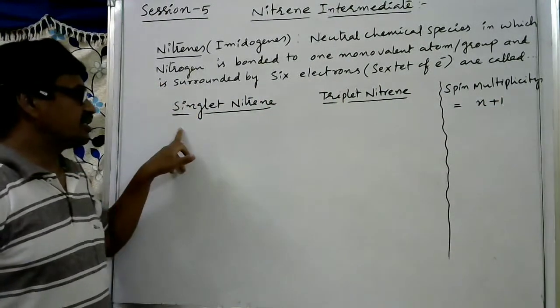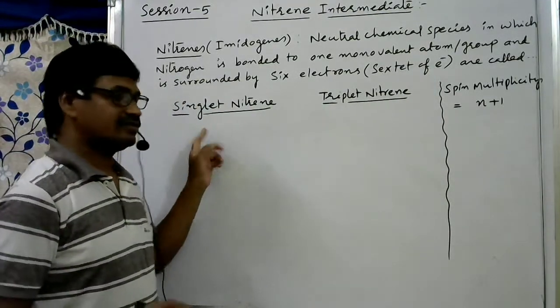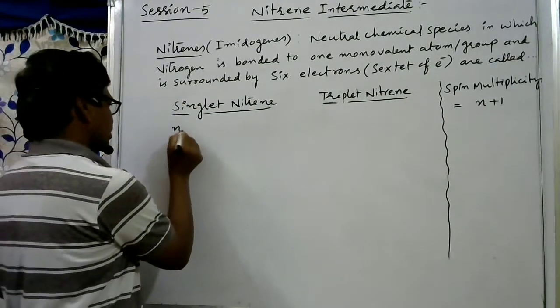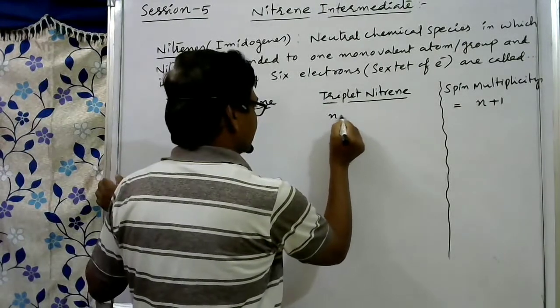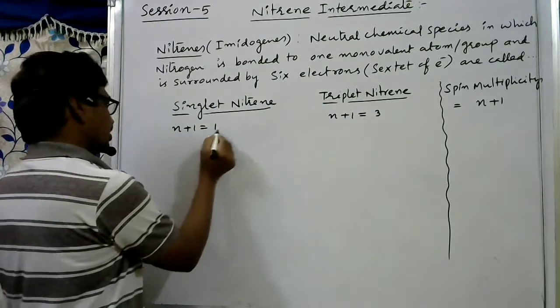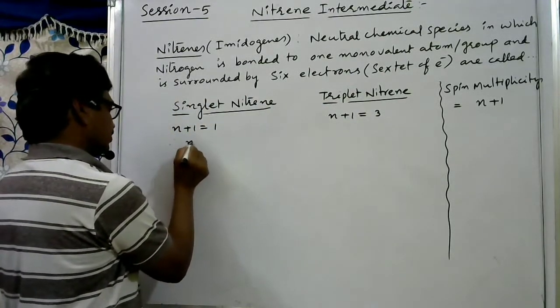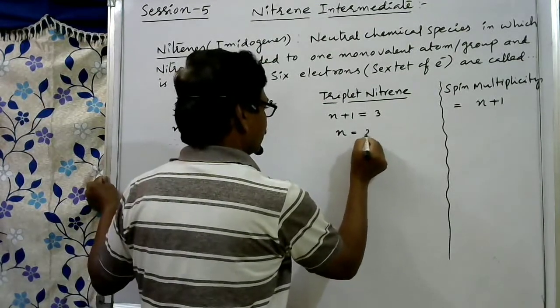For singlet nitrenes, n plus 1 must be 1. In triplet nitrenes, n plus 1 must be equal to 3. Therefore, the n value here equals 0, and here the n value equals 2.